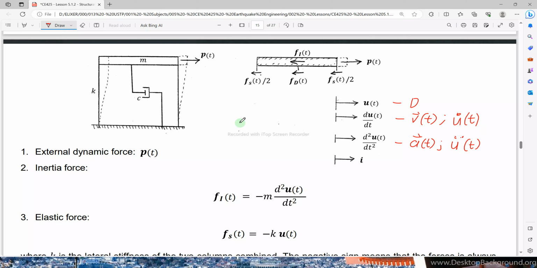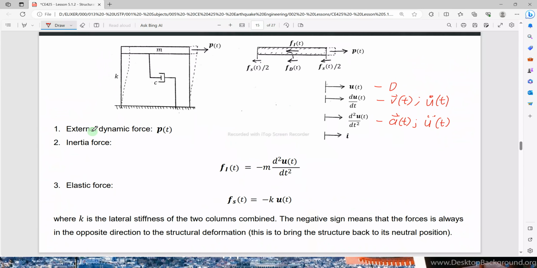So as mentioned, there are four forces that act on our structure. So we have again the external dynamic force symbolized by p of t.